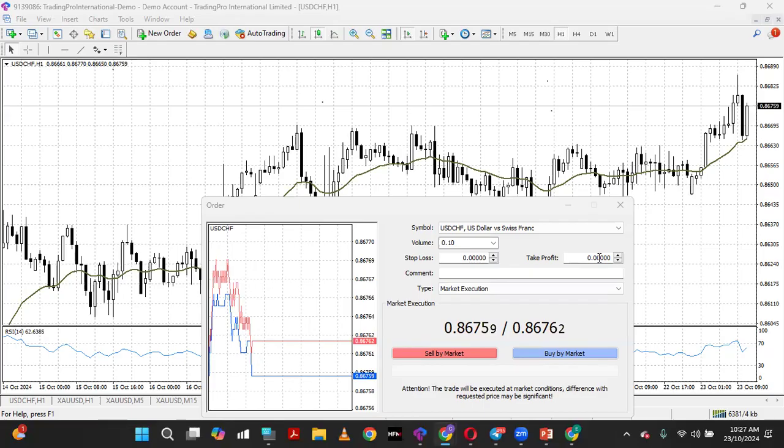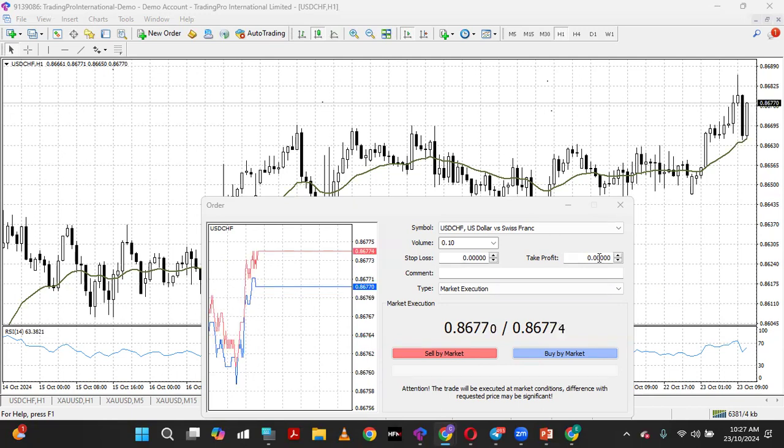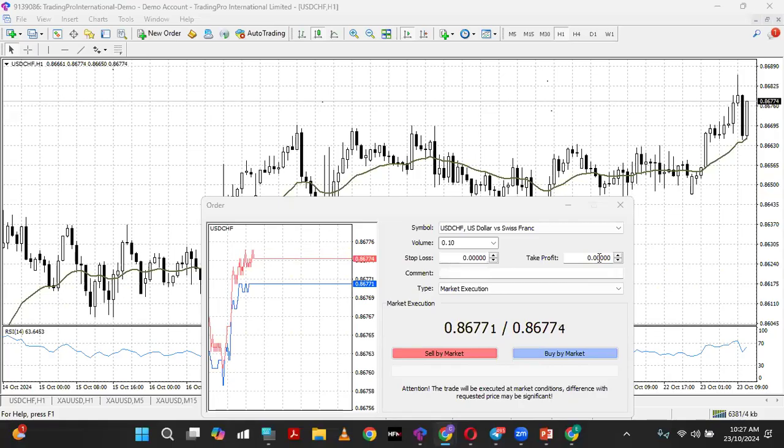So if you're taking a trade, sometimes it is advisable you do 1:1 or 1:2. So what does that mean? If I'm risking 20 pips, I should be able to get 20 pips for 1:1. If I'm risking 20 pips, I should be able to get 40 pips, 1:2.